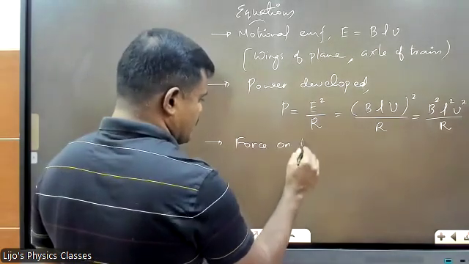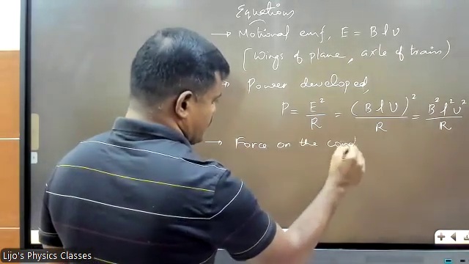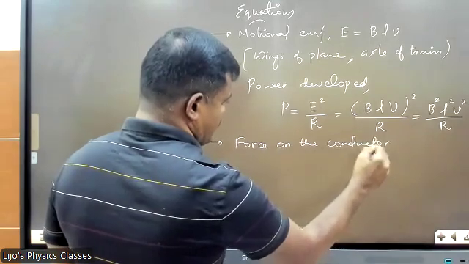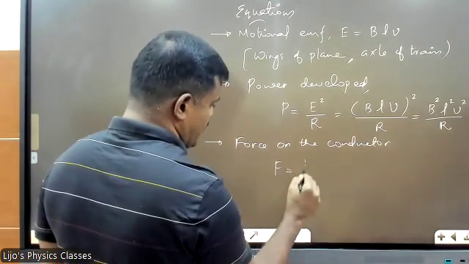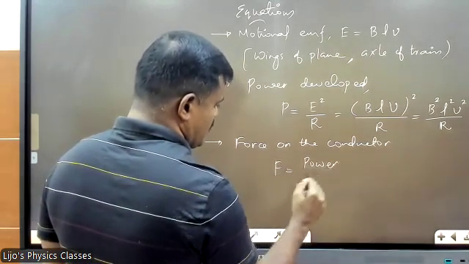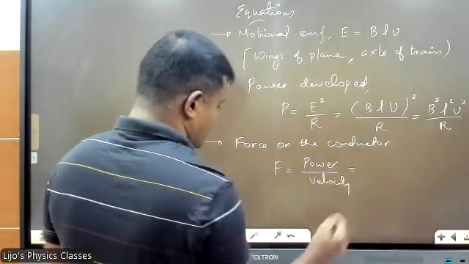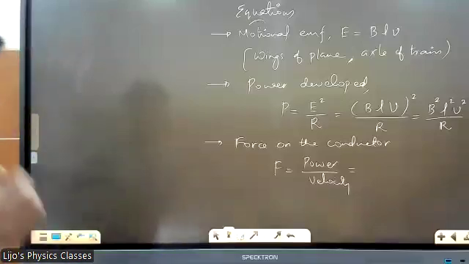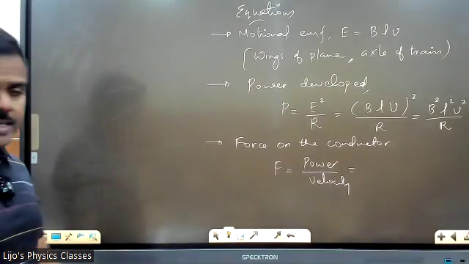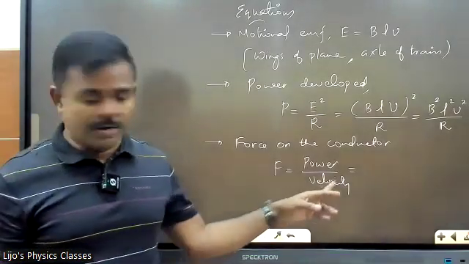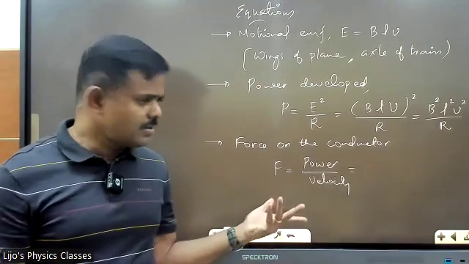Next one, force on the conductor. Force is equal to power by velocity. That is coming from class 11. If you want to know how, I can show you, but it is not needed.